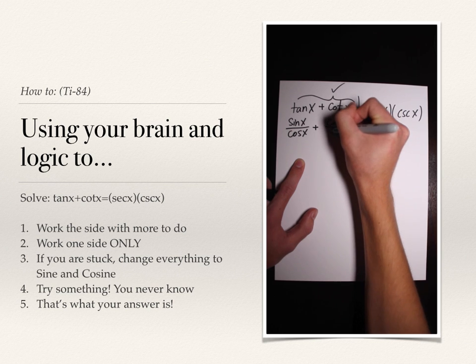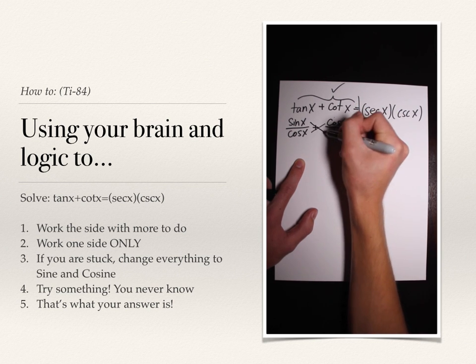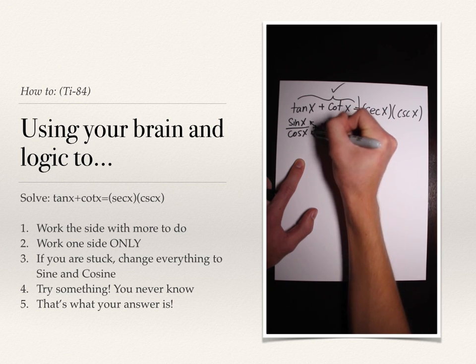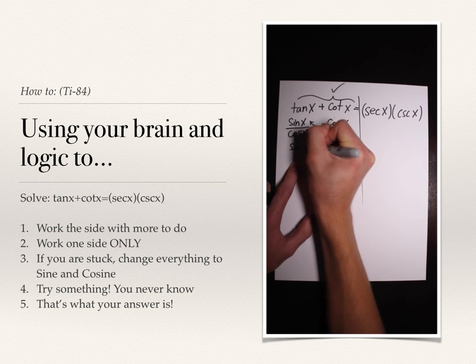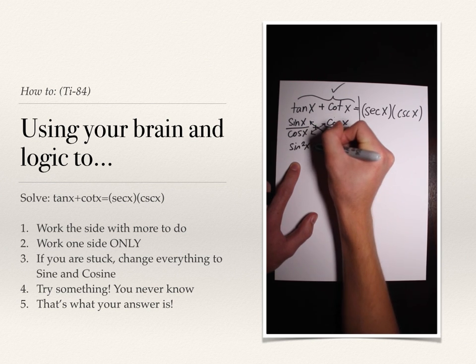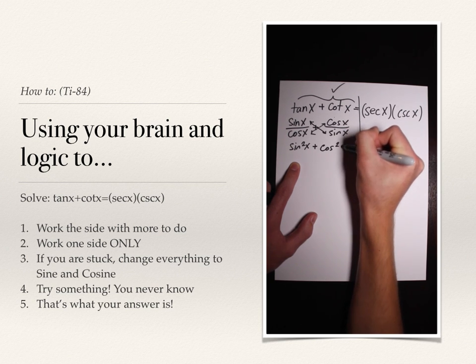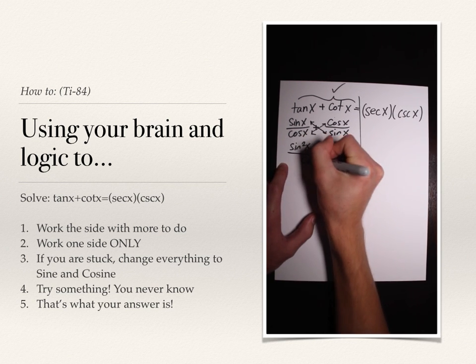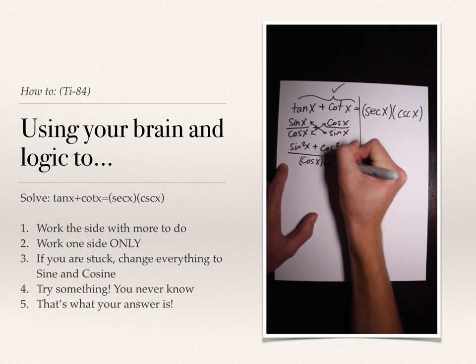And so tangent equals sine over cosine, and cotangent equals the reciprocal of that, so cosine over sine. And you can cross multiply right here, so you'd multiply and then put that on the top, and then on the bottom you just use the cosine and sine, like so.